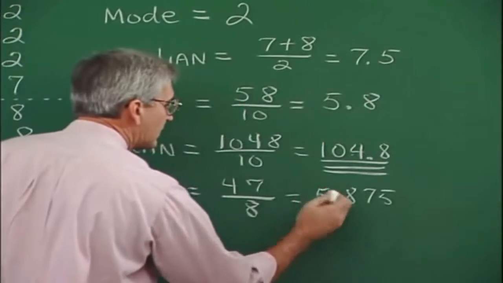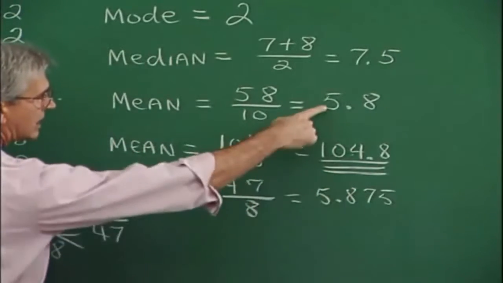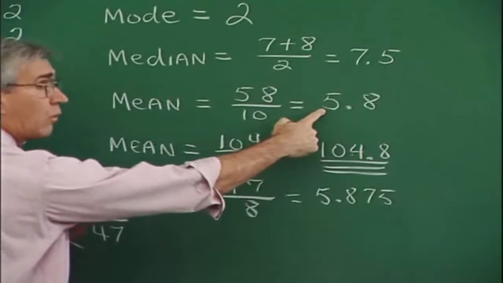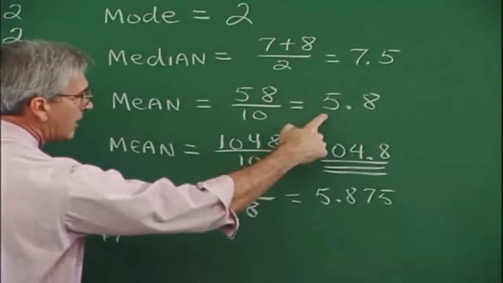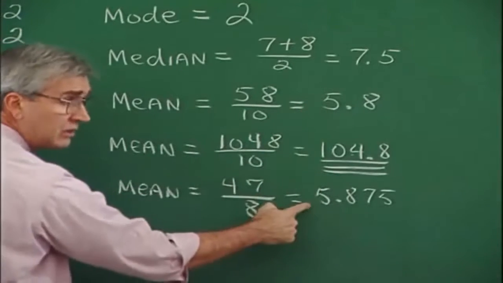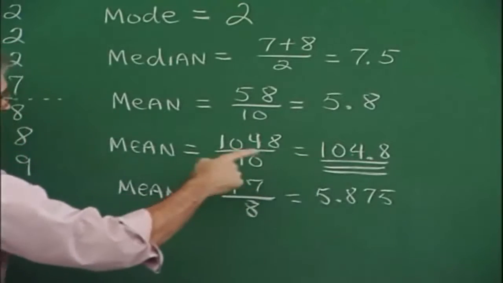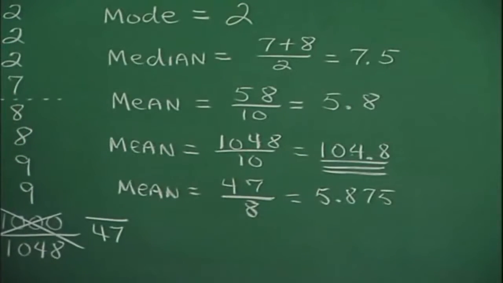Now notice that this mean is not exactly the same as the 5.8 that we calculated earlier with the entire data set before the extreme value was put in, but it's very, very close, and certainly it's a whale of a lot better than the mean that we calculated when the extreme value was involved.